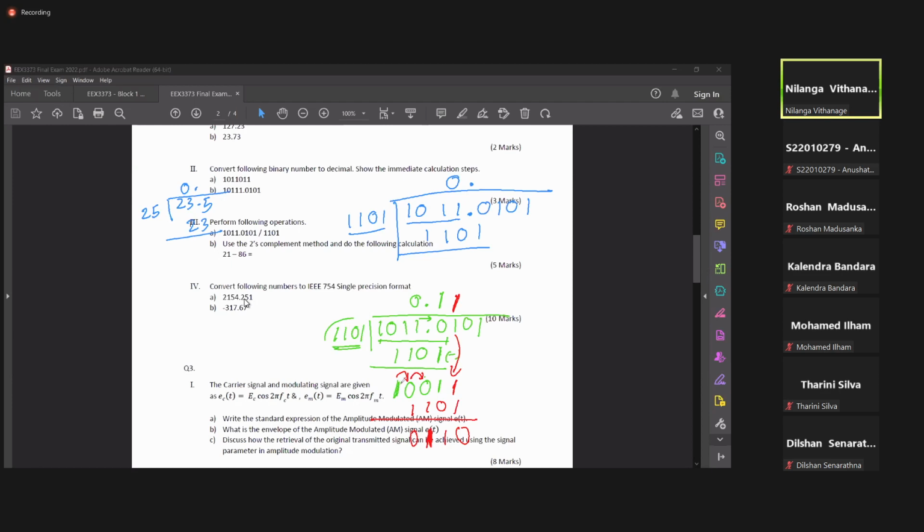Here also you took this 1, so it is 0, right? So 1 1 1 1 0, then you can take this value here. Actually this is smaller than this one, so it is 0, right? So this is the method to subtract.